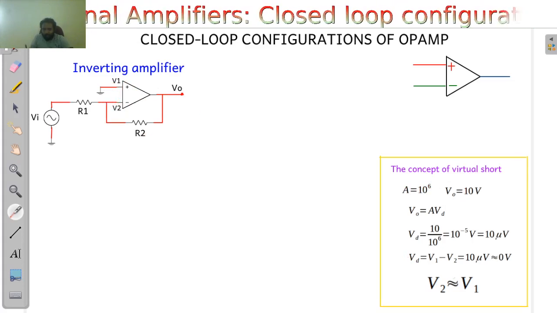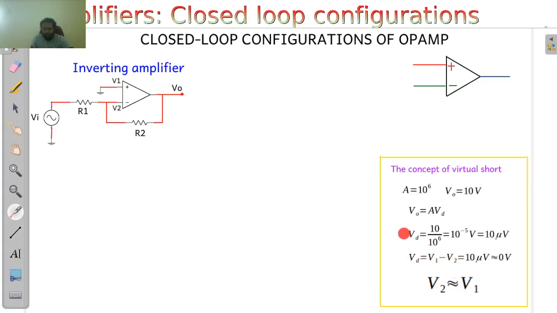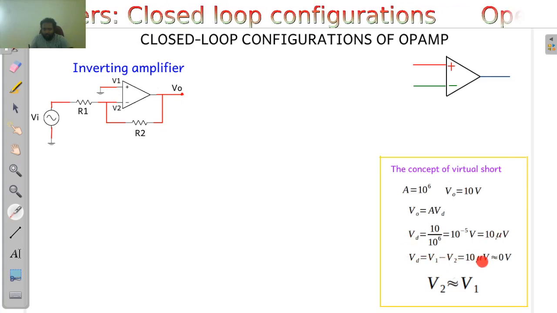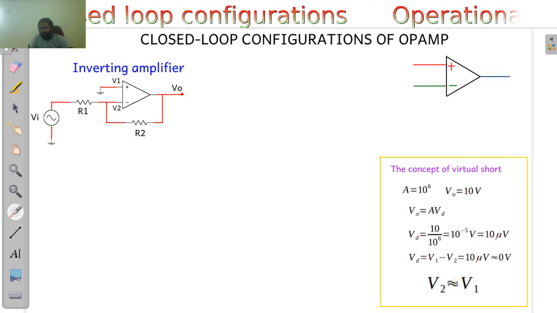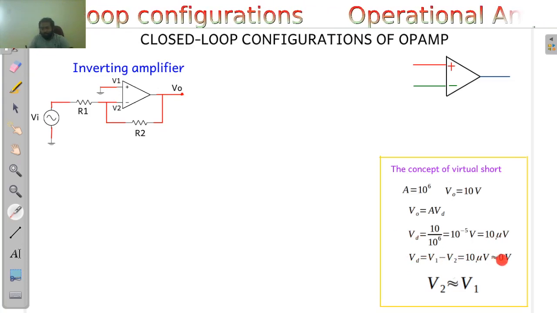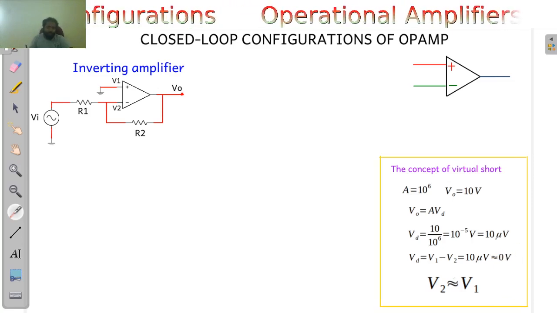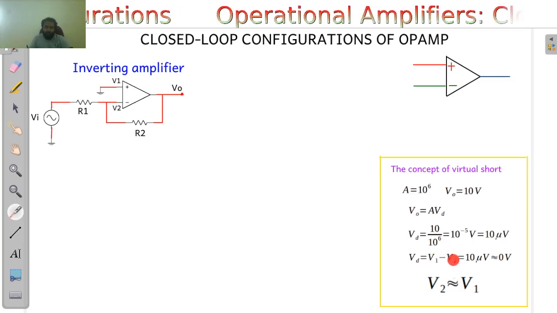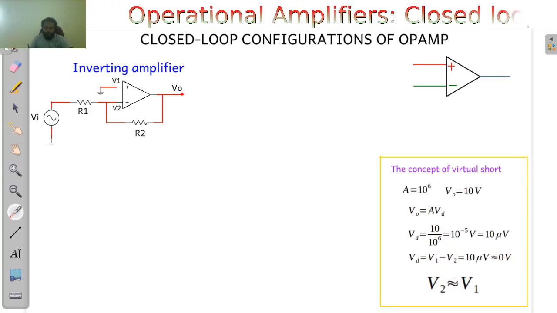So you can write here that Vd is equal to V1 minus V2, and Vd is 10 microvolt. 10 microvolt is a very feeble voltage, and you can approximate it as 0 volt. So your V1 minus V2 will be approximately equal to 0, which means V2 is approximately equal to V1.